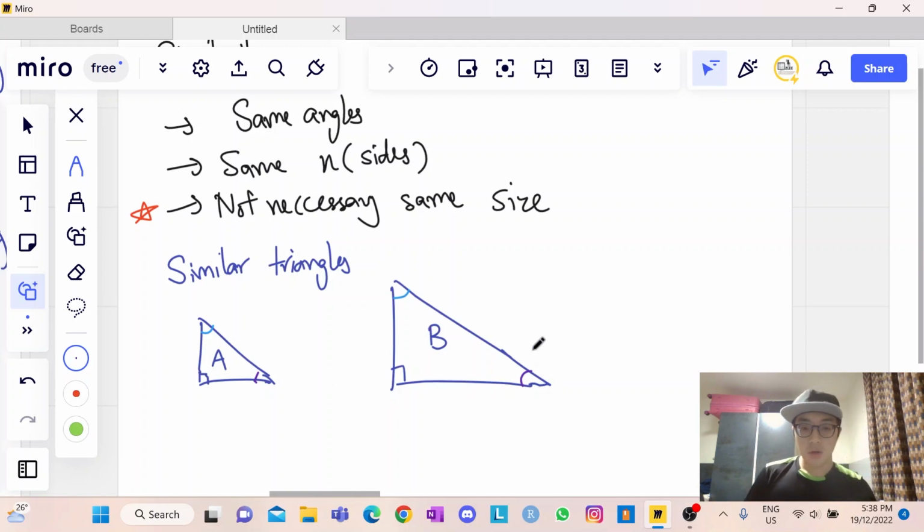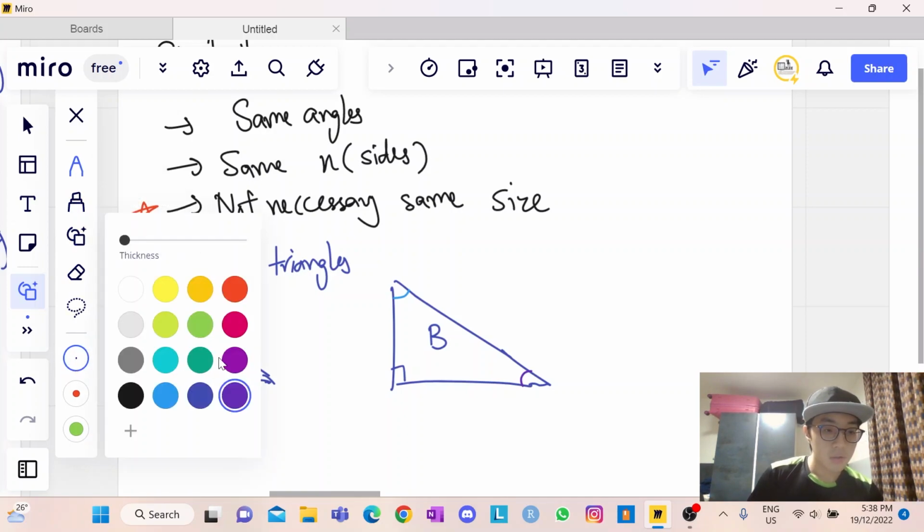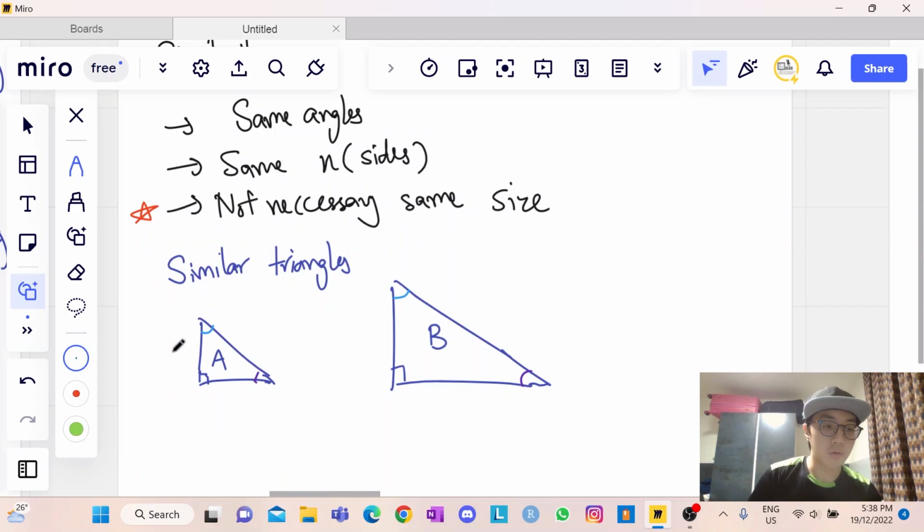All right, so what do you need to know about similar triangles? I'm going to give an example right here, so that we're going to be using the same example throughout this whole video. For triangle A, it will be 3, 4, and 5.